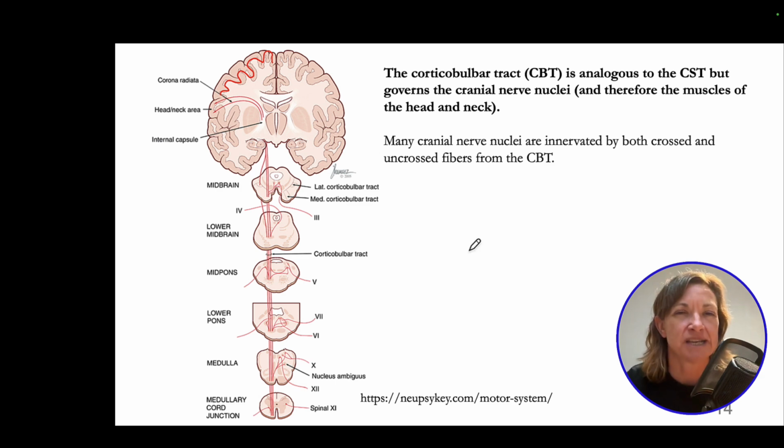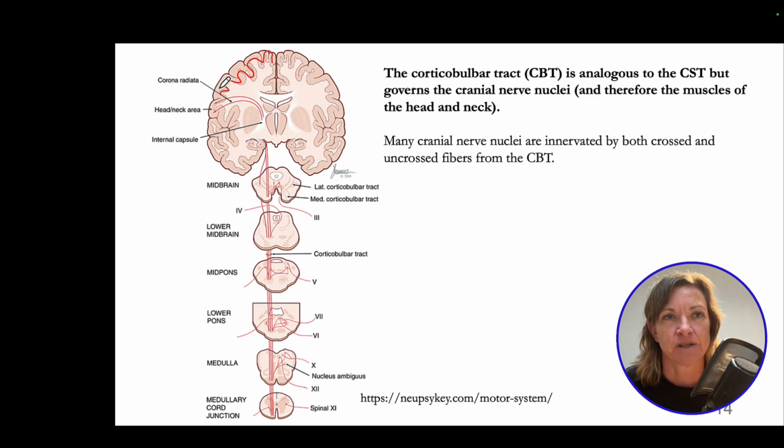Now, another thing we tend to forget about when we talk about motor control: everyone thinks of the corticospinal tract. We forget about the corticobulbar tract. So the corticobulbar tract is analogous to the corticospinal tract, but governs cranial nerve nuclei and therefore muscles of the head, face, and neck. Now, it follows a similar pattern.